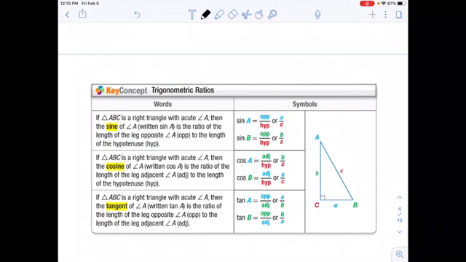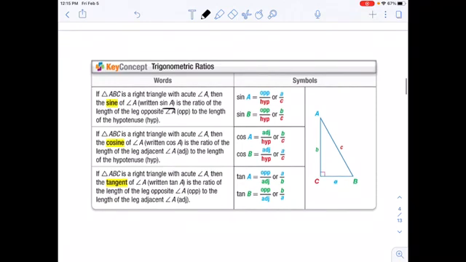So in triangle ABC, a right triangle with acute angle A, the sine of A, written as sine A, is the ratio of the length of the leg opposite A to the length of the hypotenuse. So if you are standing at angle A, you are going to have the opposite over the hypotenuse.